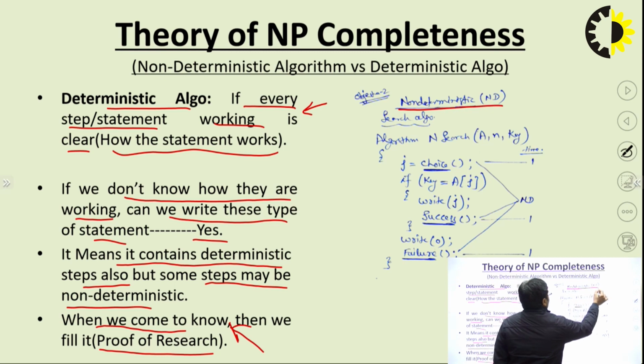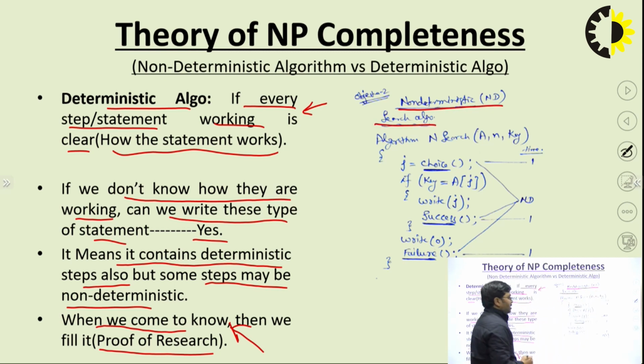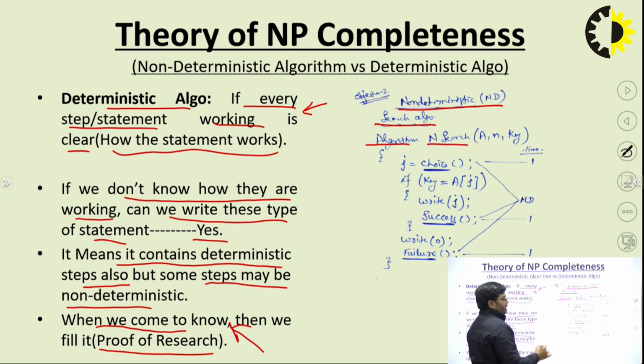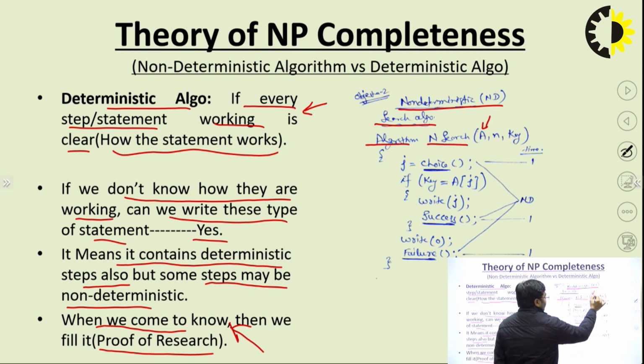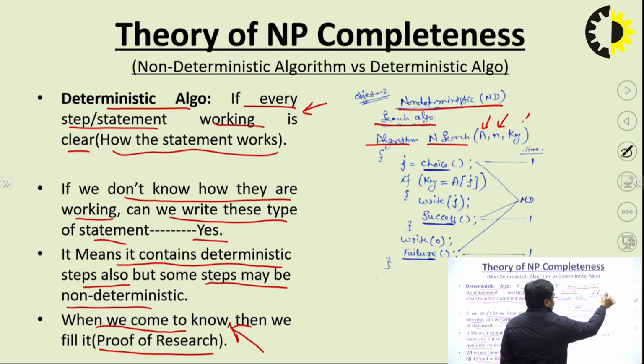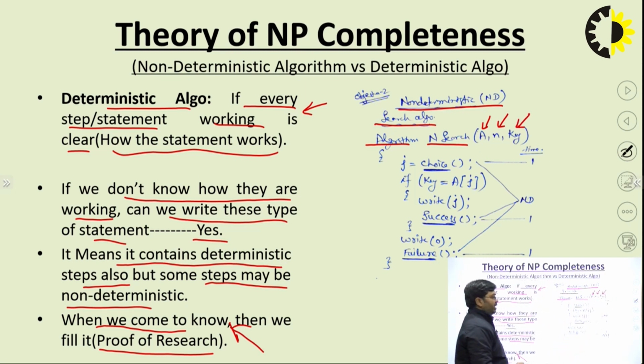Non-deterministic algorithm for searching. Here a searching algorithm is given, for searching an element in an array A. The total number of elements is n, and we try to find a key element among them.